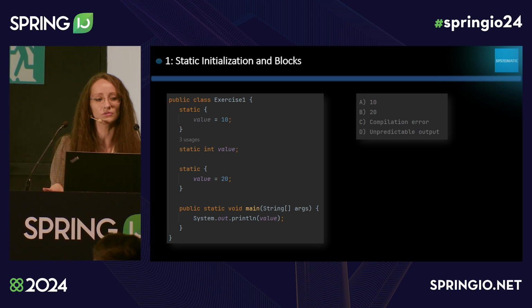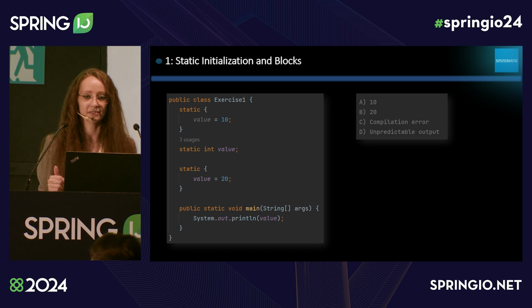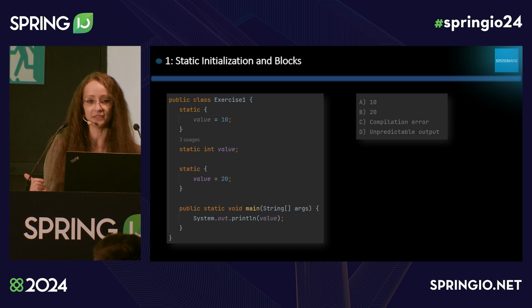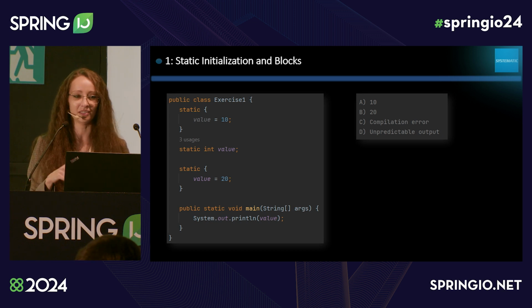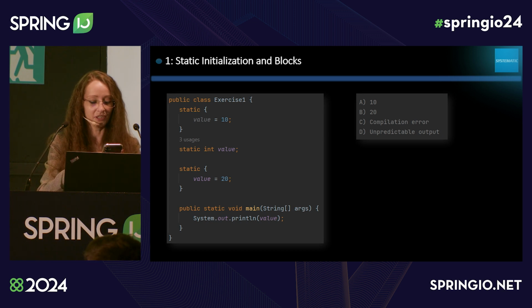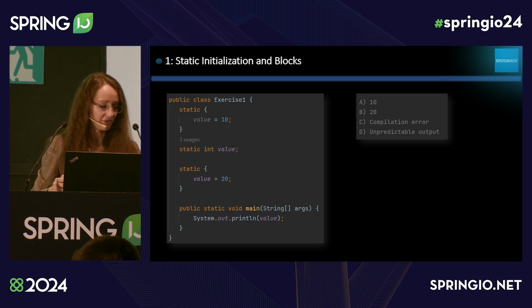So it is important to know how it works. And there we have multiple static initializations. So I will activate this first exercise so that we can get used to the system. And you can actually submit the response now. And there's only 20 seconds for this. It's a simple exercise, a warming up to get used to everything.